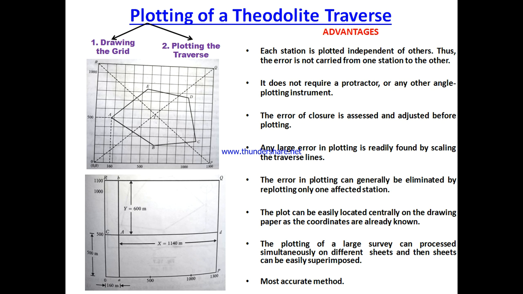Now, plotting of a theodolite traverse. How to plot a particular traverse with the help of a theodolite? For that we first need to draw the grid and then plot the traverse. In this particular figure, first we need to draw the grid lines.